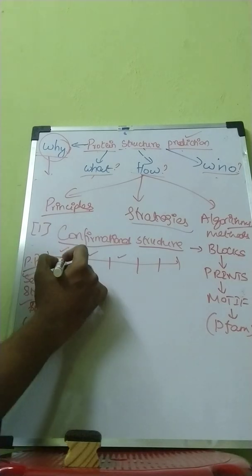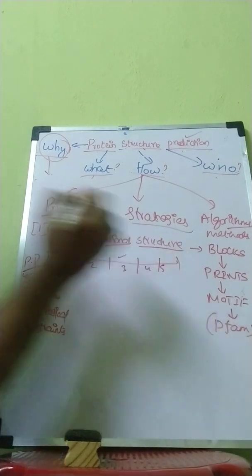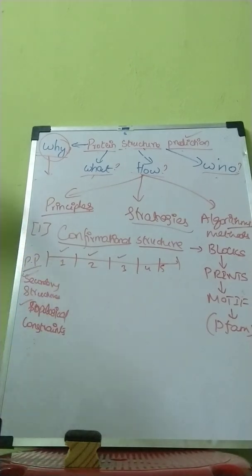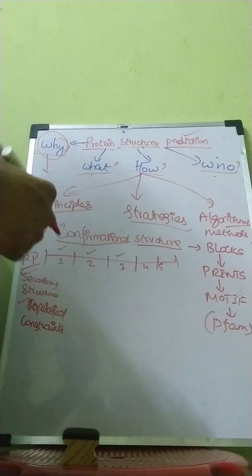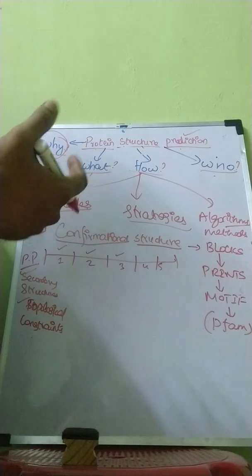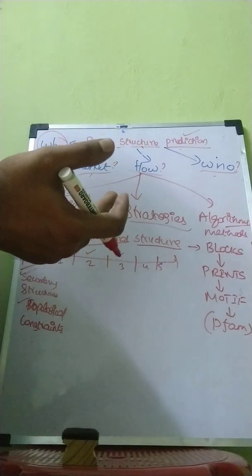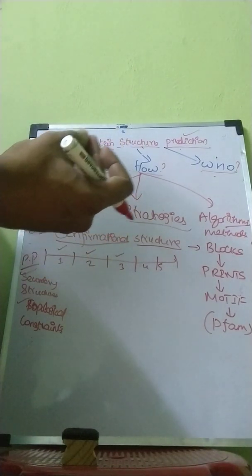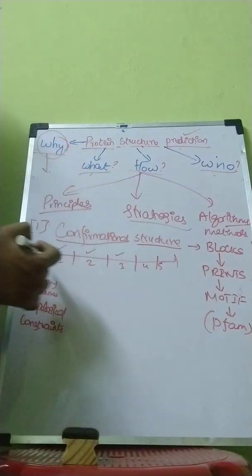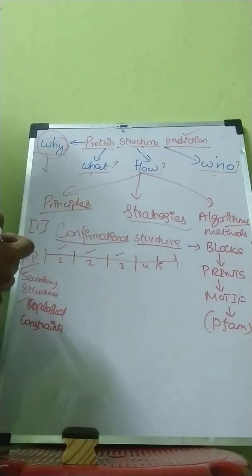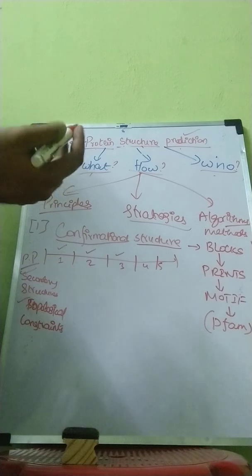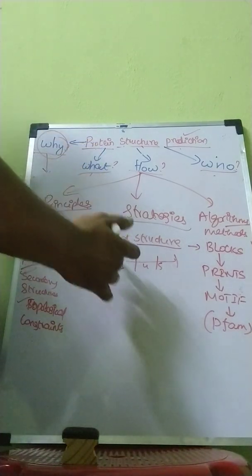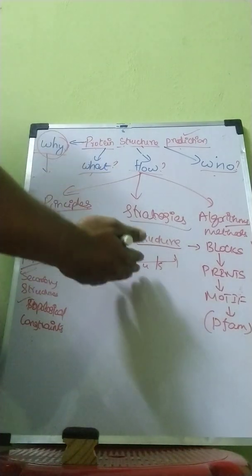For example, I am dividing it into 5 zones. Zone number 1 may be known to produce alpha helix, 1 or 2 or more alpha helixes, and there will be intermittent beta loops found in between the alpha helixes. The second zone may be forming beta sheet, and the third zone may again be forming alpha helix.